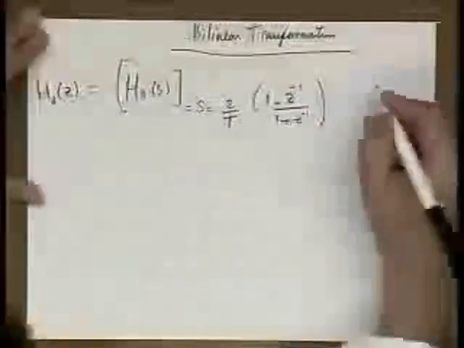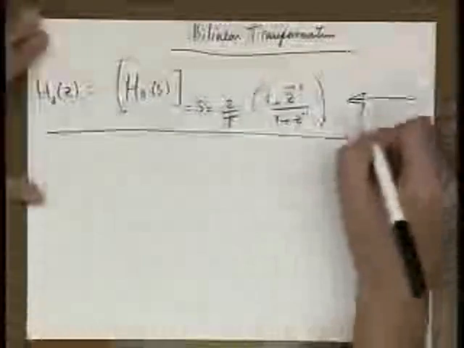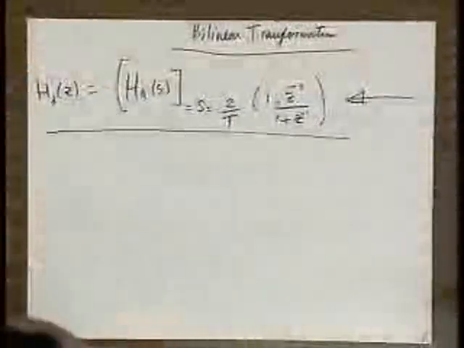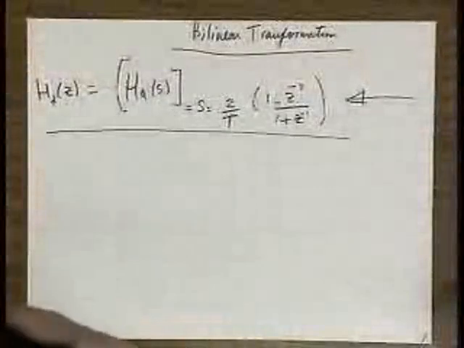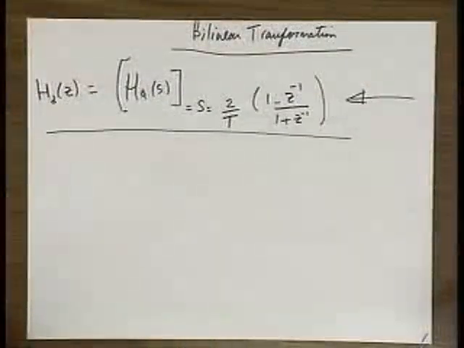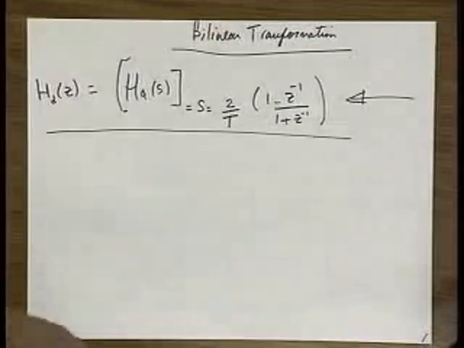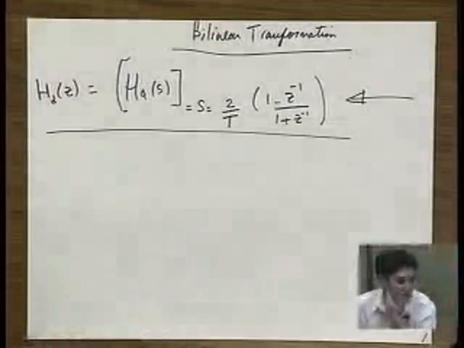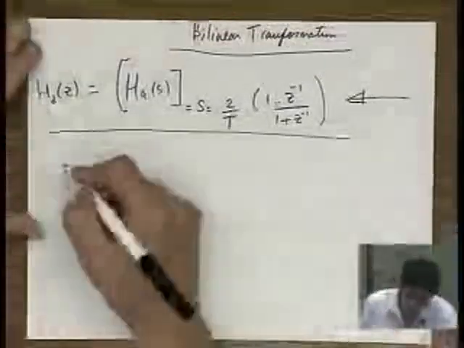So here's the proposal. This is what bilinear transformation is. And I'm going to spend the next maybe 20 minutes or so convincing you that it's a good transformation. It has all the desirable properties that we're after.